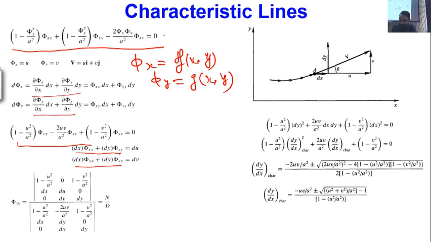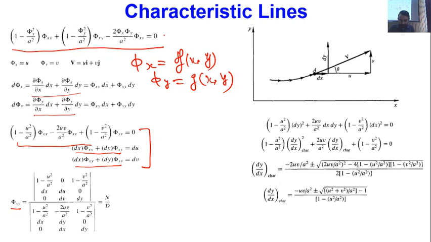Okay, so if I have to calculate, say, the value of phi xy, then I can apply Cramer's rule over here. I am not going into details of Cramer's rule, you already know it. So you can calculate phi xy from these three sets of equations using Cramer's rule, and you get this as the numerator and this as the denominator.